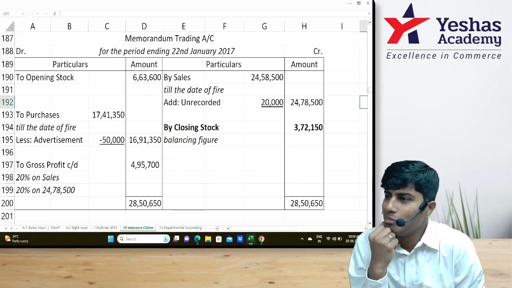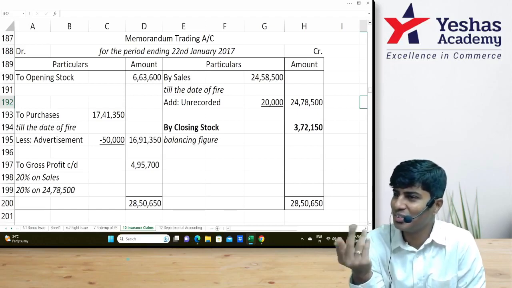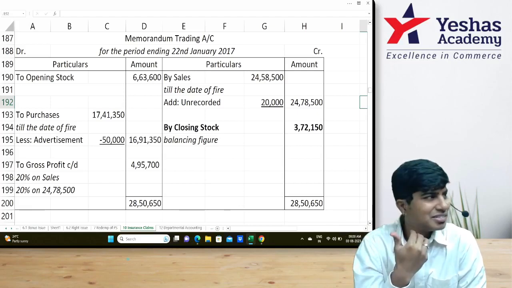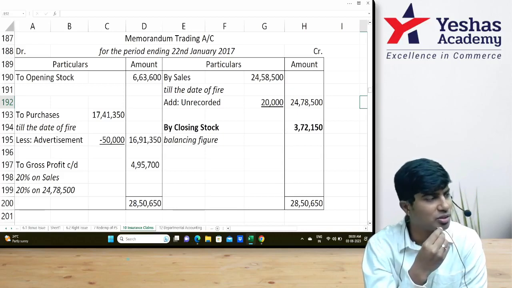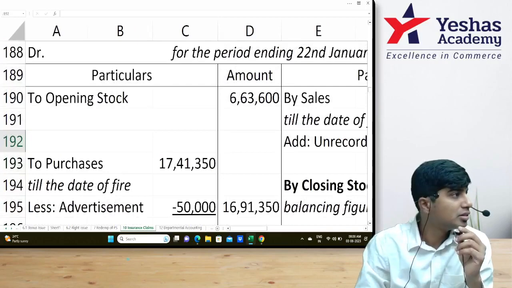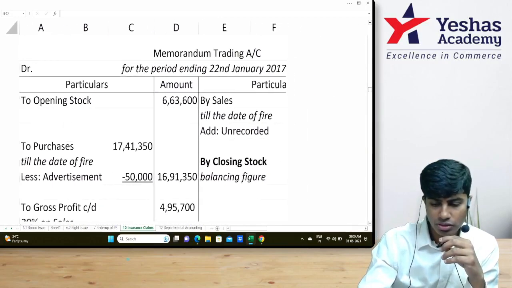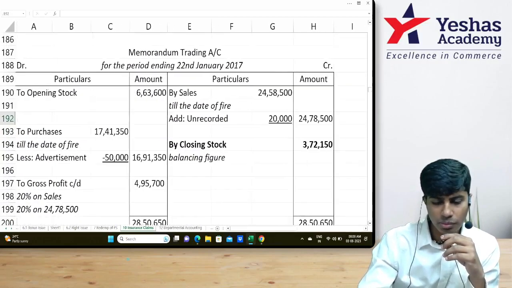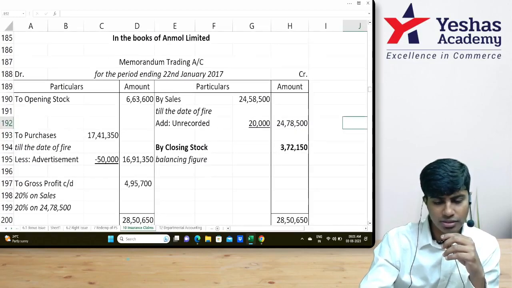If I zoom more than this, you will not be able to see any numbers. I've done the best possible, boss. This is the best possible.